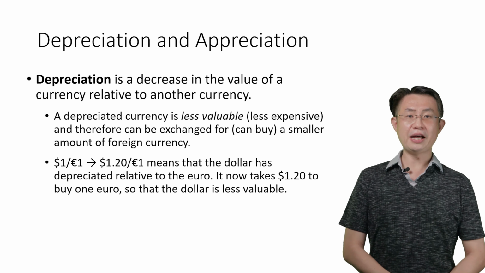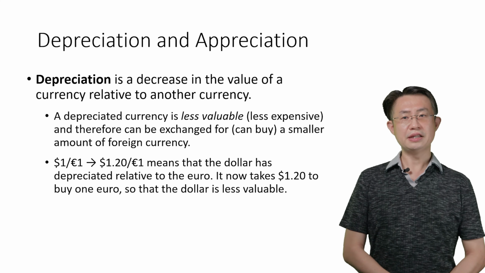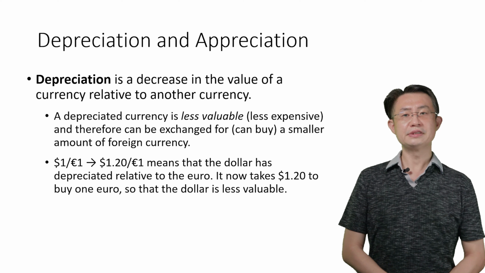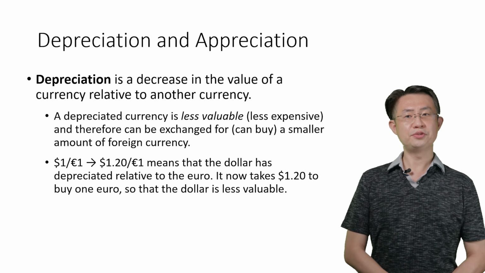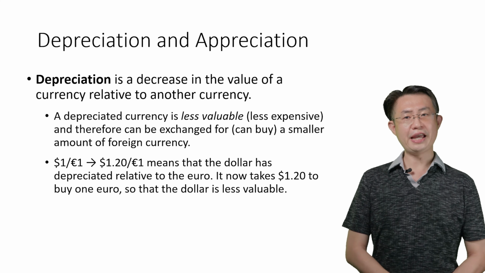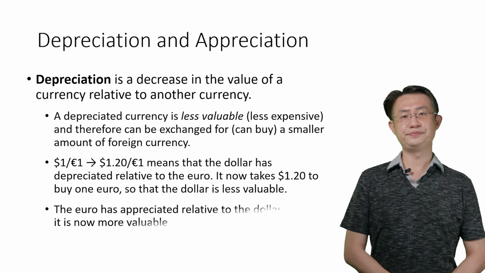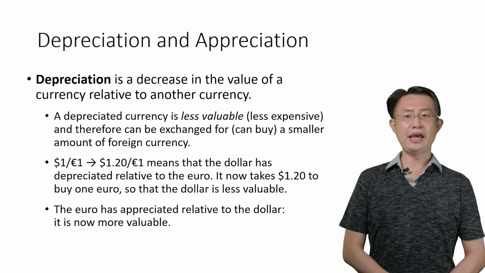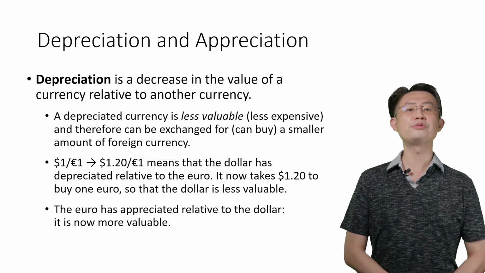At the same time, the euro faces appreciation, because after the exchange rate goes up, it now takes 1.2 US dollars to buy 1 euro, so the dollar is less expensive or less valuable. On the other hand, you can say the euro has appreciated relative to the dollar. It's now more valuable.